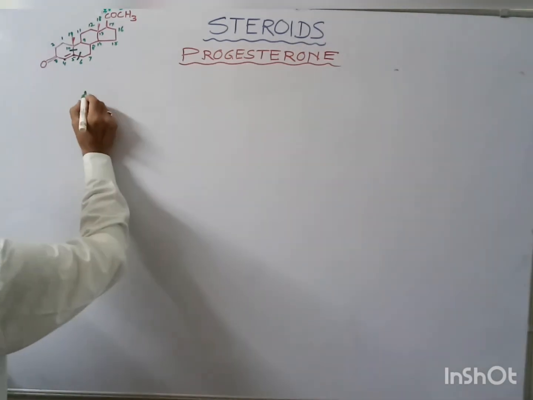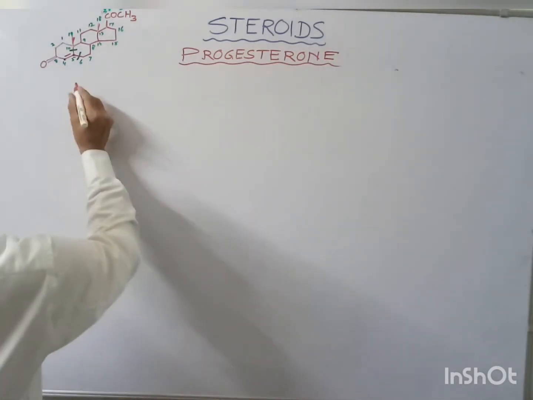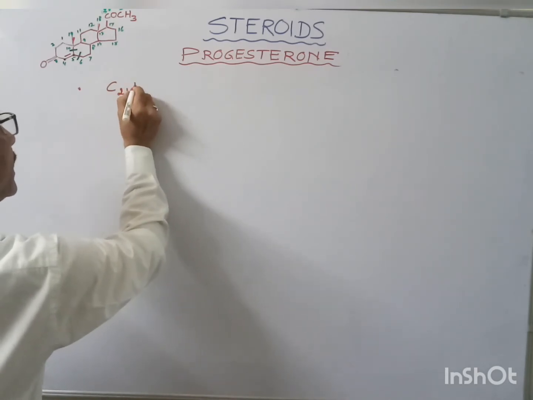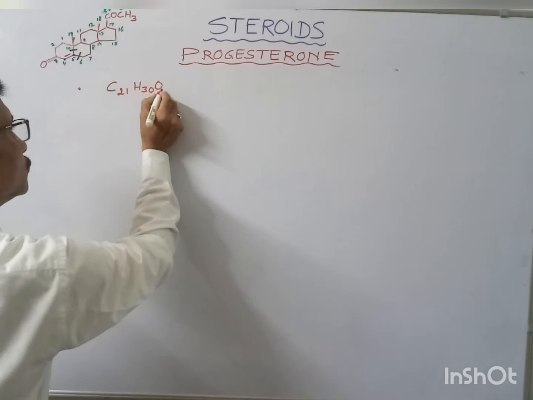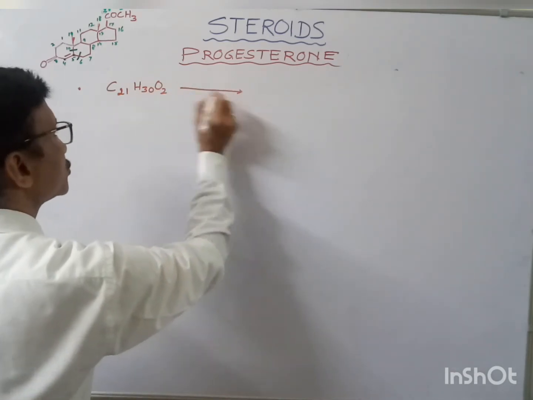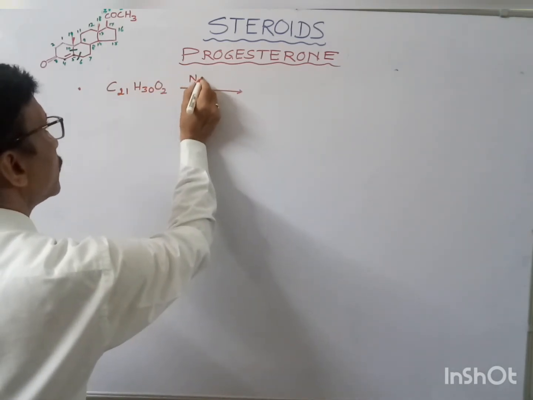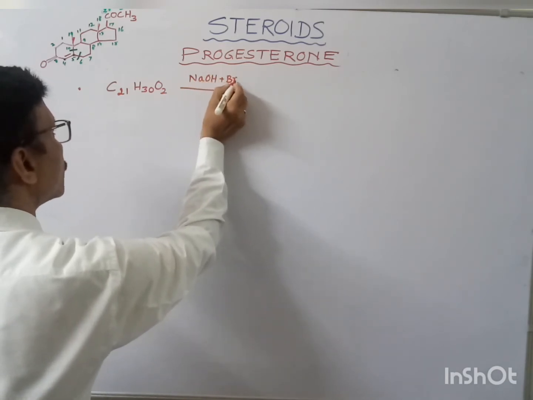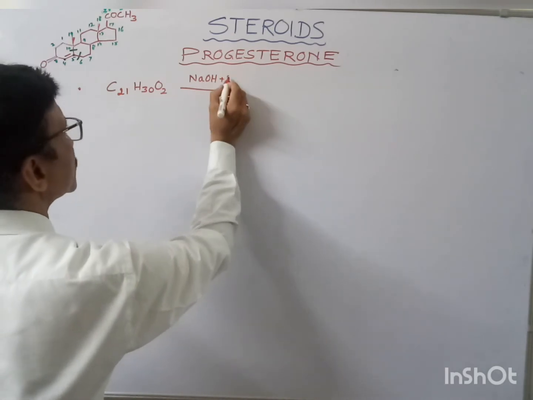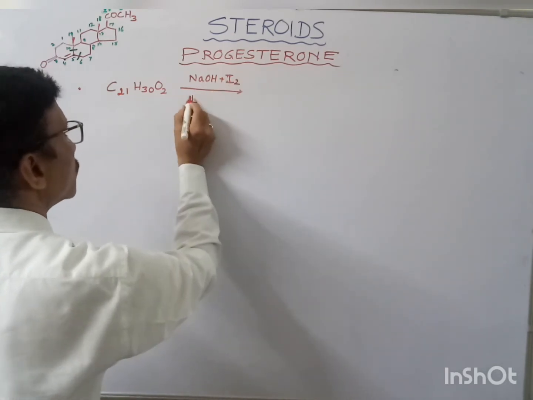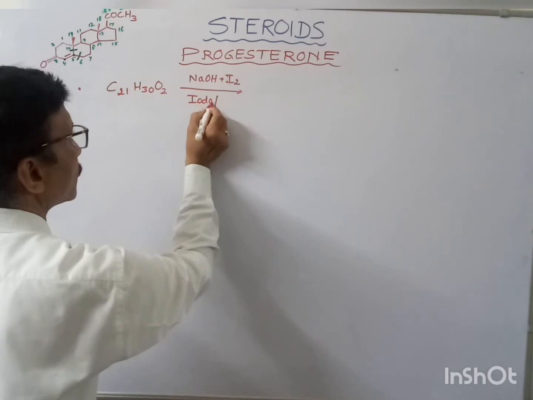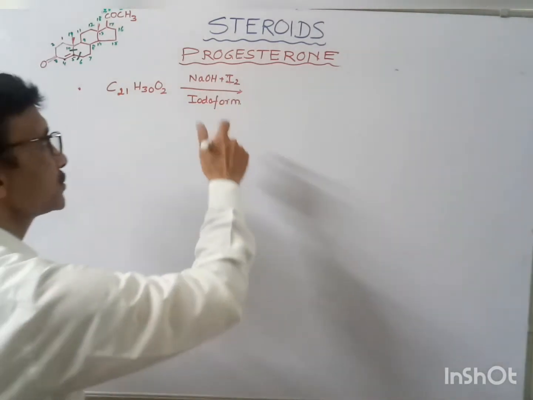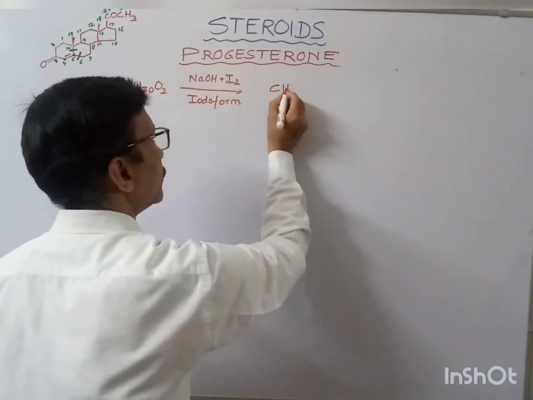If you want to prove it, when this progesterone, that is C21H30O2, was treated with NaOH plus Br2, that is the bromoform, or we can say iodoform reaction, suppose I2. When the iodoform reaction was performed, what was seen was that it gave one molecule of iodoform.